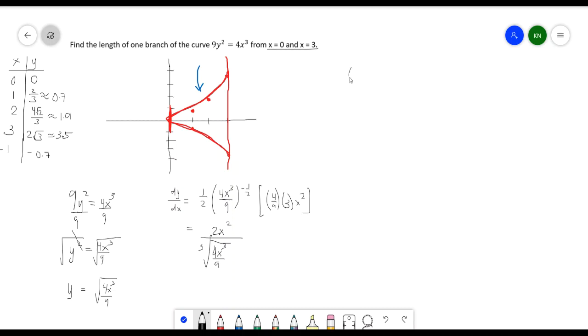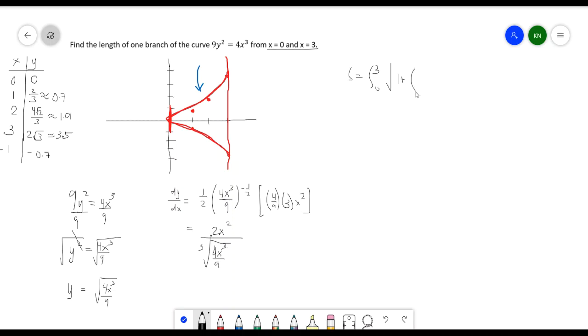So we have s is equivalent to the integral from 0 to 3, since from these limits we have 0 to 3. And then we have the square root of 1 plus our dy over dx squared, which is this one.